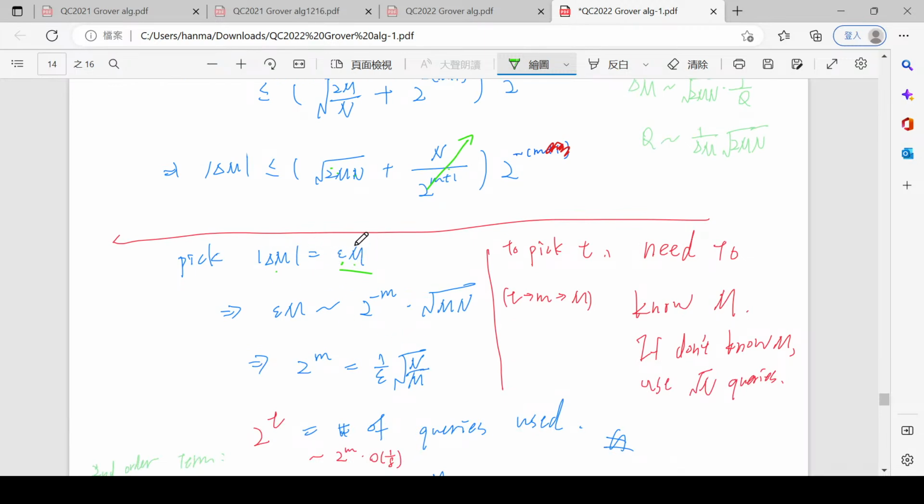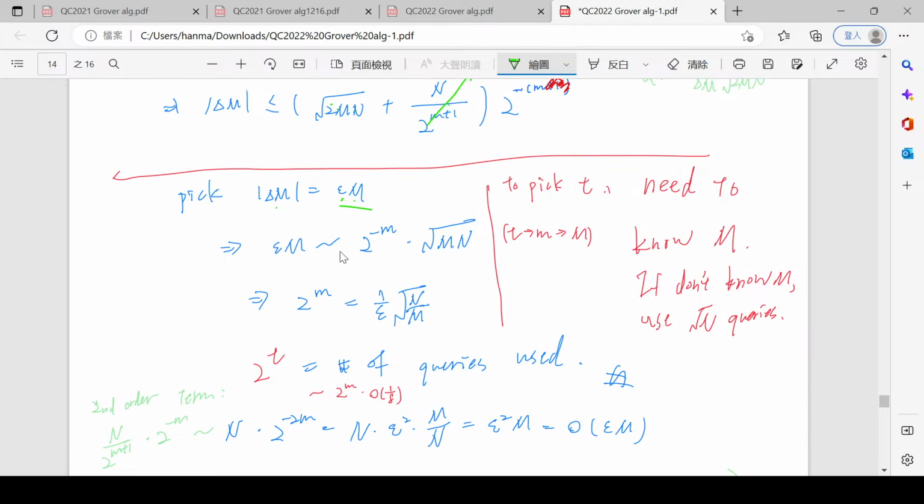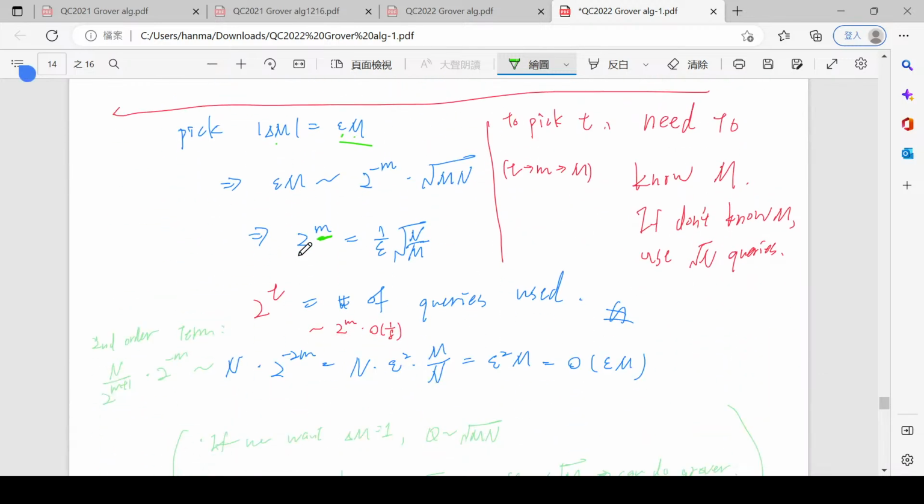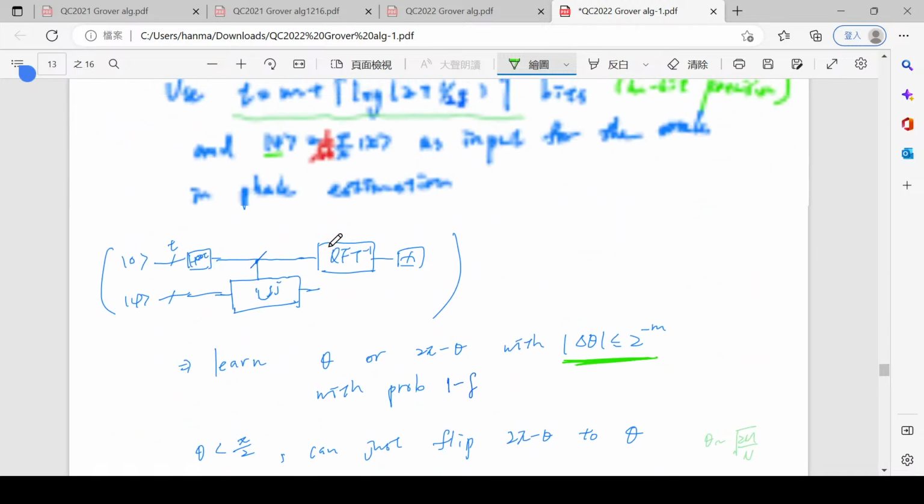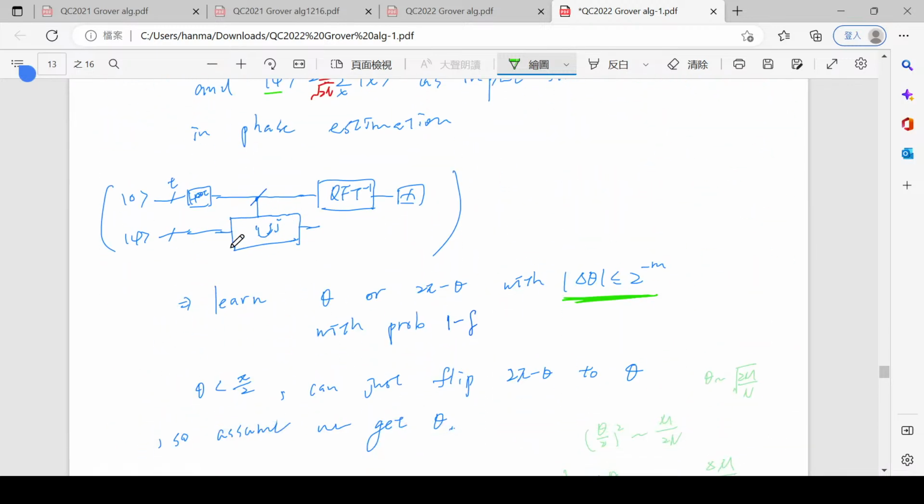Then we change delta m to epsilon. But we have been expressing everything in this small m. But what's actually the number of queries is 2 to the t. So the number of queries is the number you apply here. And remember you have t bits here, then the number of queries you apply is about 2 to the t.